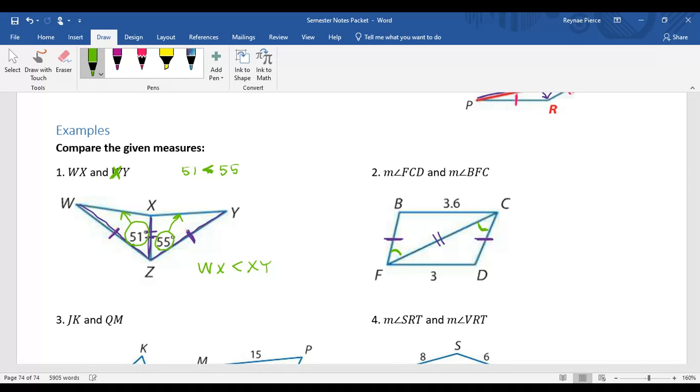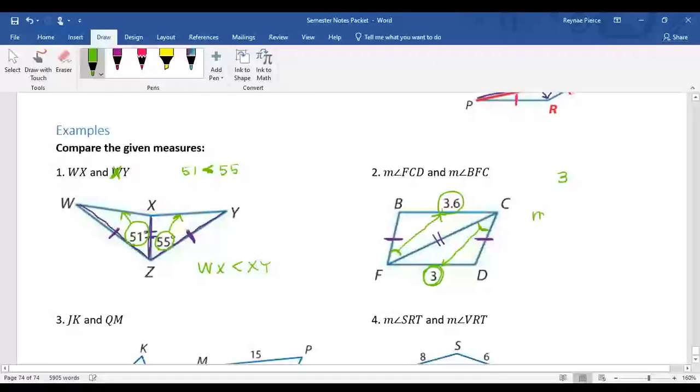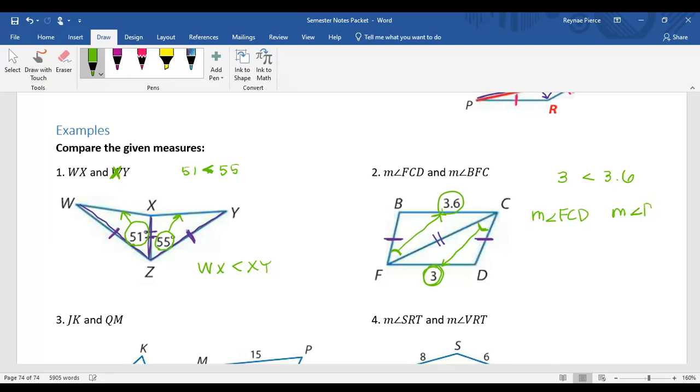So to do that, 3 is opposite this angle here, and 3.6 is opposite this angle here. Since 3, which is opposite angle FCD, is smaller than 3.6, which is opposite angle BFC, that means the measure of this angle is smaller than the measure of the other angle.